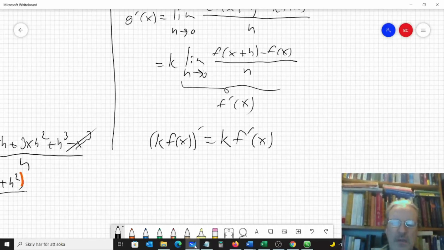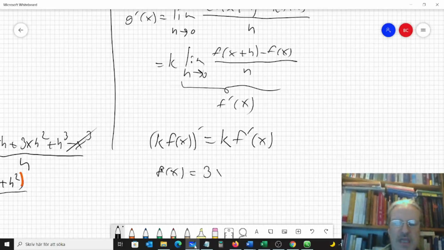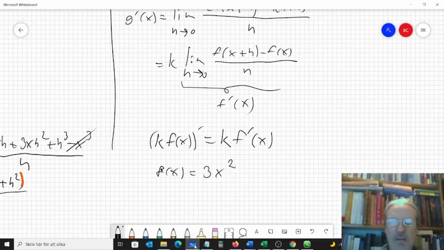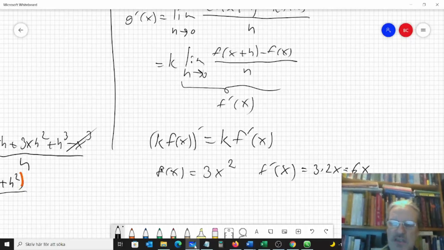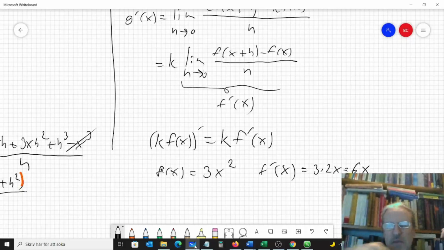So for example, if we have that our function equals, say, 3 times x squared, then the derivative of this should be, we keep the constant, so that is 3, and we know the derivative of x squared is 2x, so in other words this will give us 6x as our derivative of 3x squared.